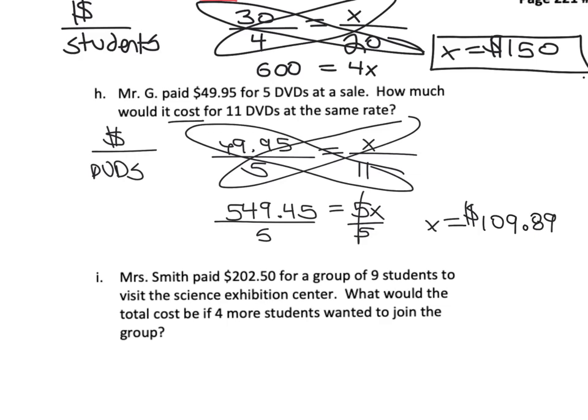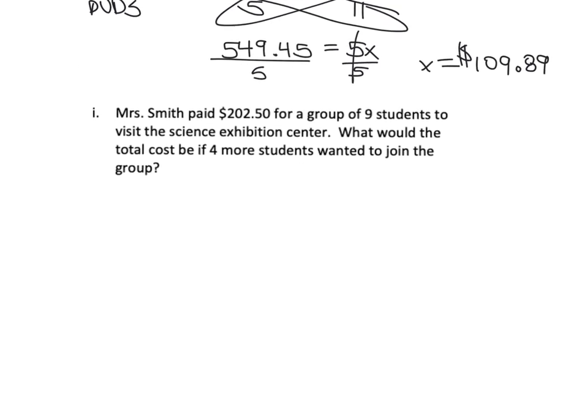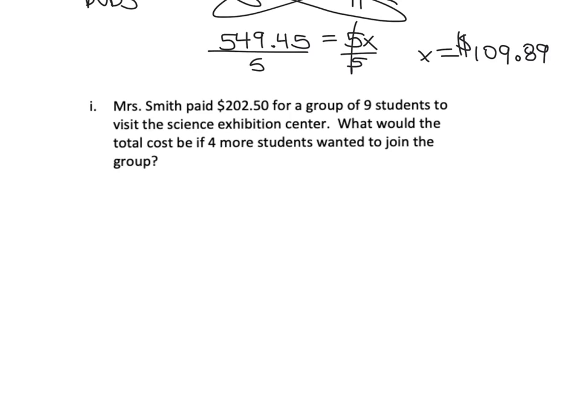All right, so last one, it says Mrs. Smith paid $202.50 for a group of 9 students to visit the Science Exhibition Center. What would the total cost be if 4 more students wanted to join the group? So the wording here is a little tricky, so we need to be careful. Again, we're setting up a proportion to solve for one unknown, so let's go ahead and just put dollars on top and students on the bottom.